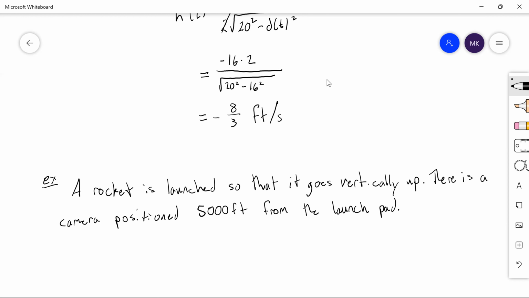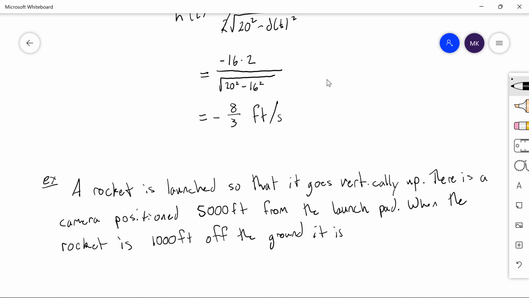When the rocket is 1,000 feet off the ground, it is traveling at 600 feet per second.